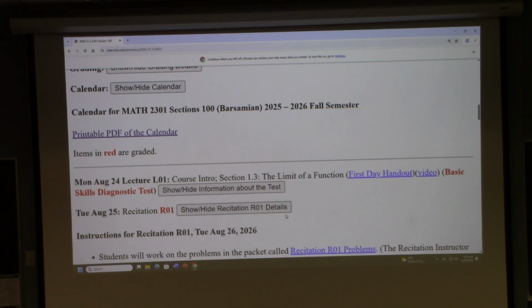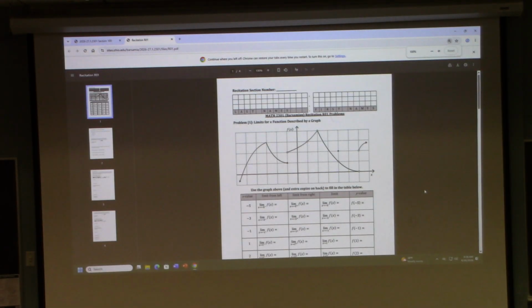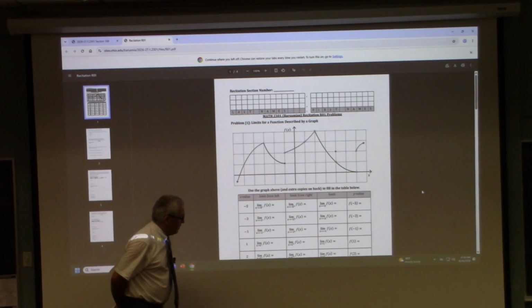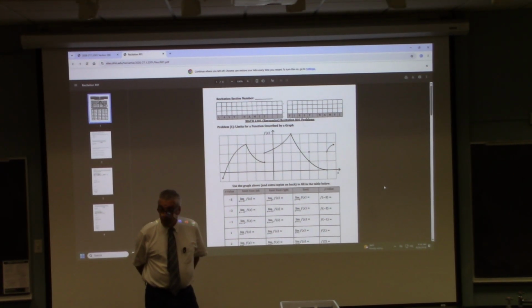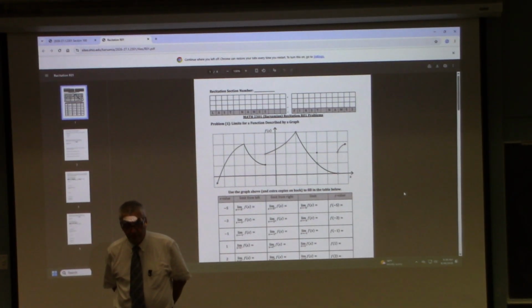So let's look at yesterday's recitation problems. We had these problems in yesterday's recitation having to do with section 1.3, definition of limit.